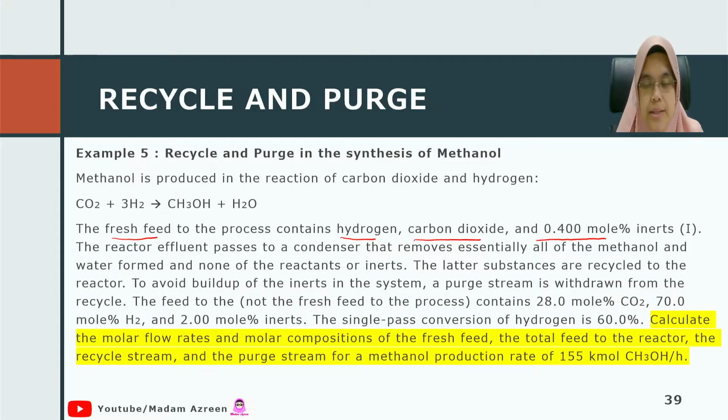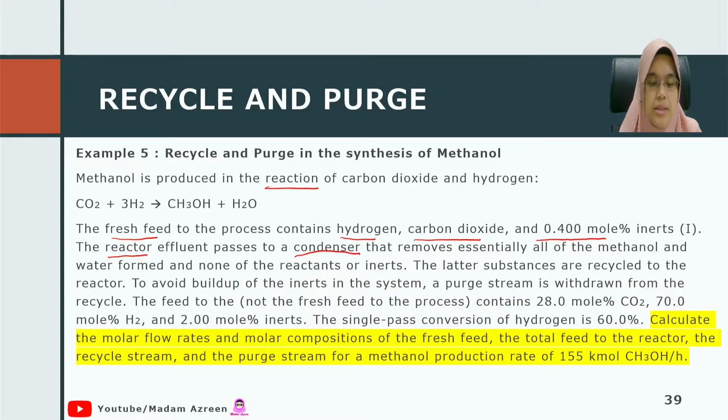0.4% of inert. It could be nitrogen or another gas, and it's easier for us to put it as an inert. Inert means it doesn't have anything to do with the reaction, it's just there. Of course, when we do a reaction, we need a reactor. The reactor effluent passes to a condenser.